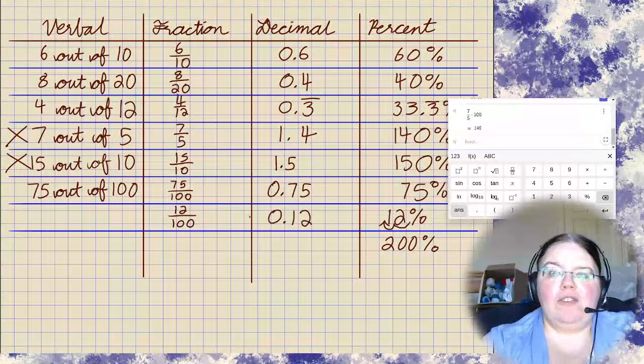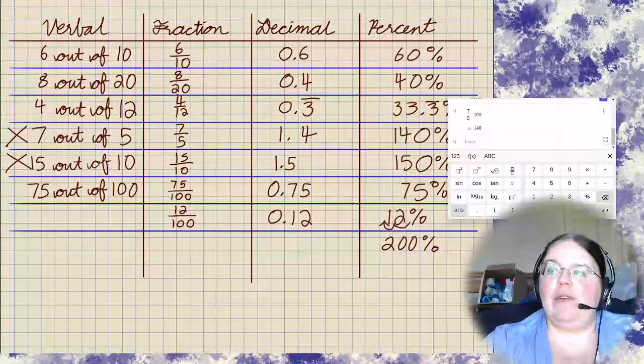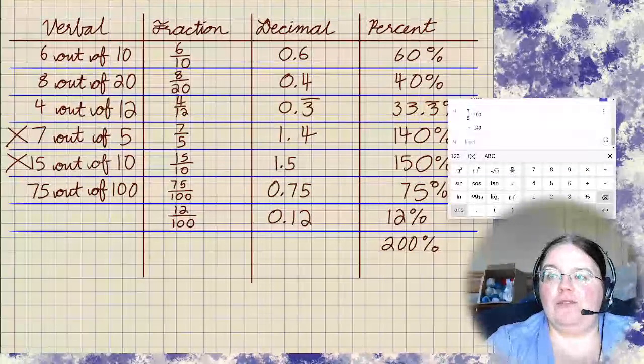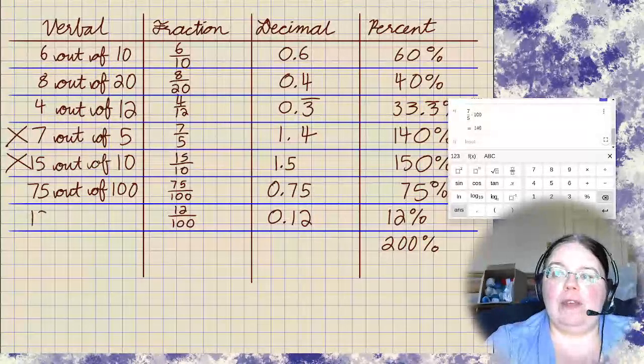We can also then check and say, okay, tenths, hundredths, so this would be 12/100ths. Makes sense. Now from this fraction form, it's trivially easy to see that one verbal form of this ratio would be 12 out of 100.